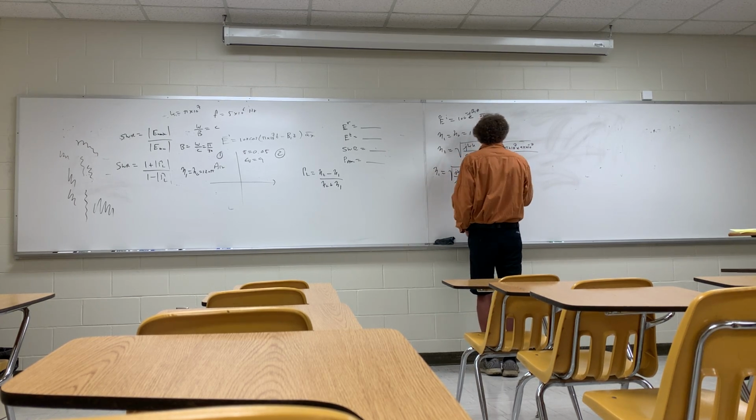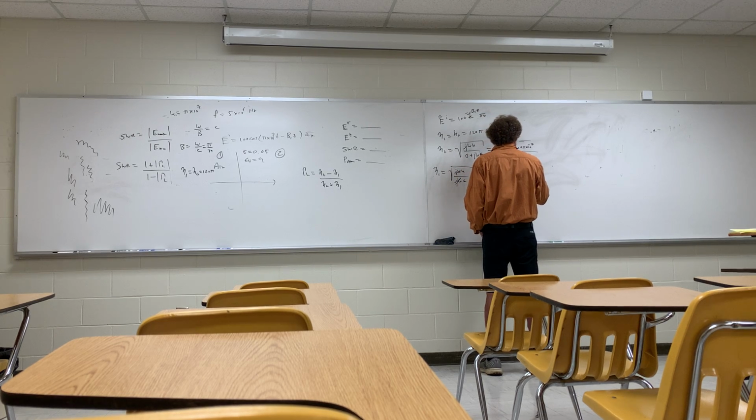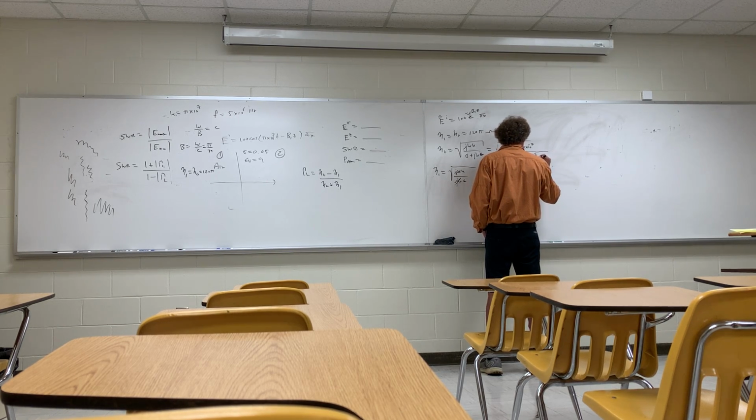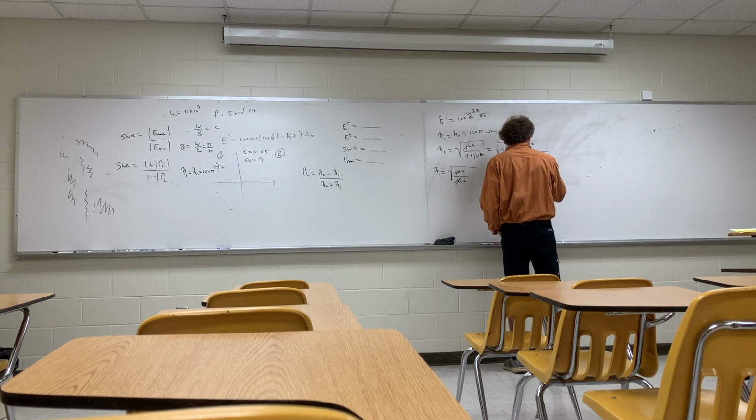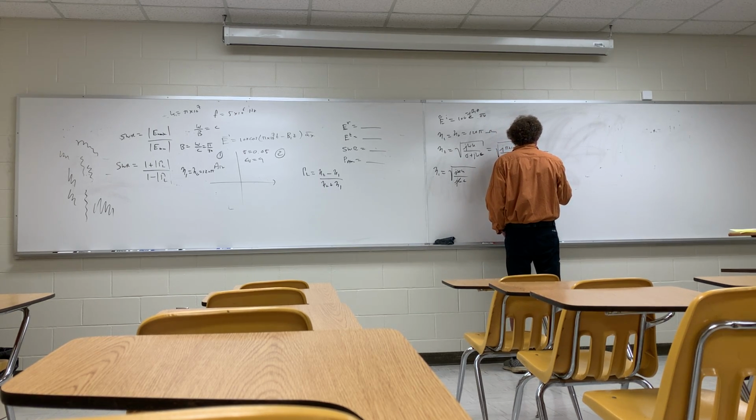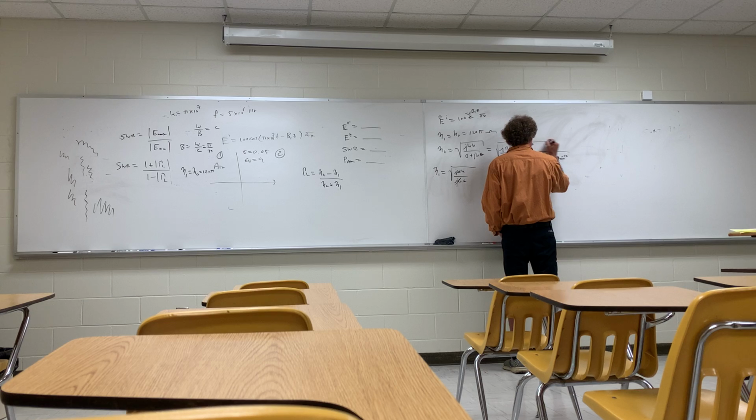Plus j omega, which is pi times 10 to the 7th, times epsilon relative, and that's 9, times epsilon naught, and you can put 8.854 times 10 to the minus 12, which is probably good.